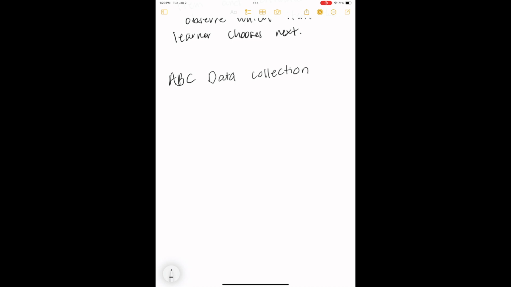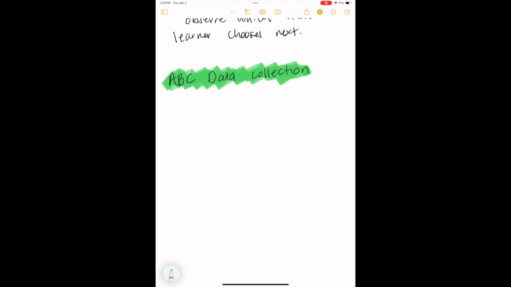All right, I'm gonna tell you this straight. You're not gonna collect ABC data. In the 2 years I was an RBT, this was never something I wrote down. I did it for my notes, and I'm gonna do a video on SOAP notes and also an interactive lesson on how to write a SOAP note.